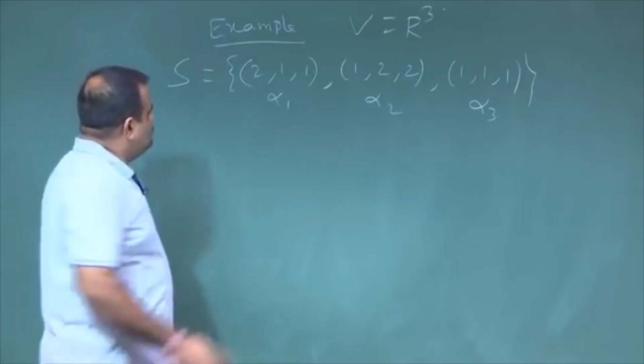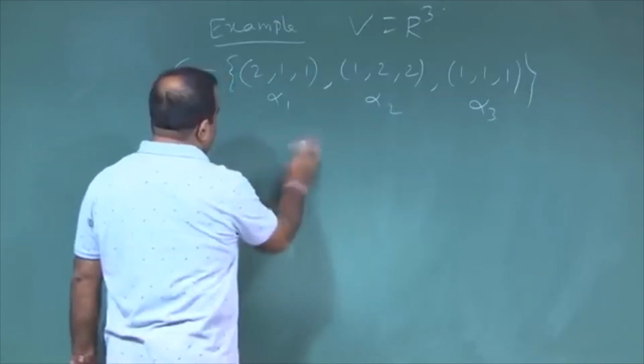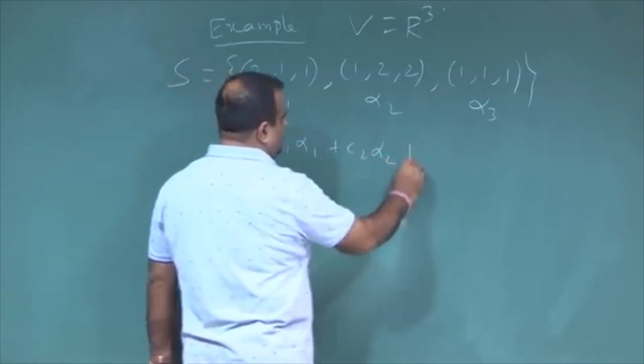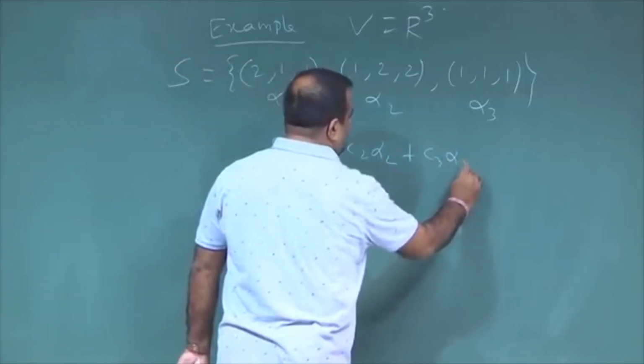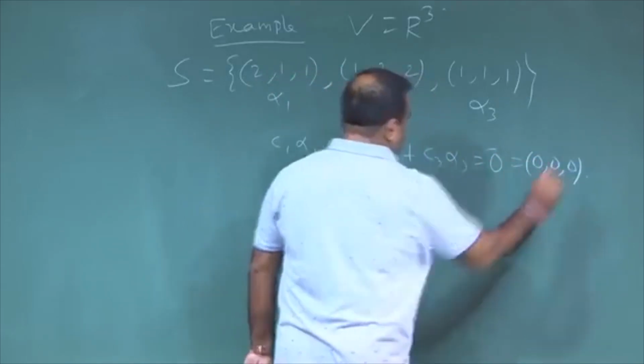Okay, so for that we choose c1, c2, c3 such that c1 alpha 1 plus c2 alpha 2, this plus is again the vector addition, plus c3 alpha 3 is equal to the 0 vector (0, 0, 0).